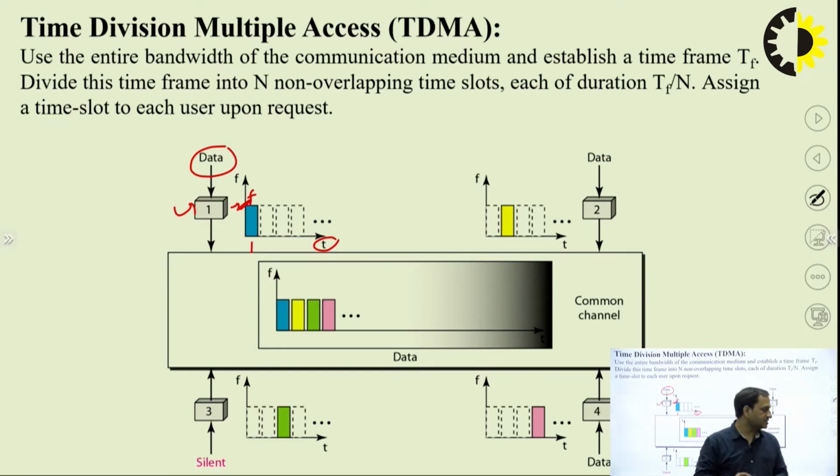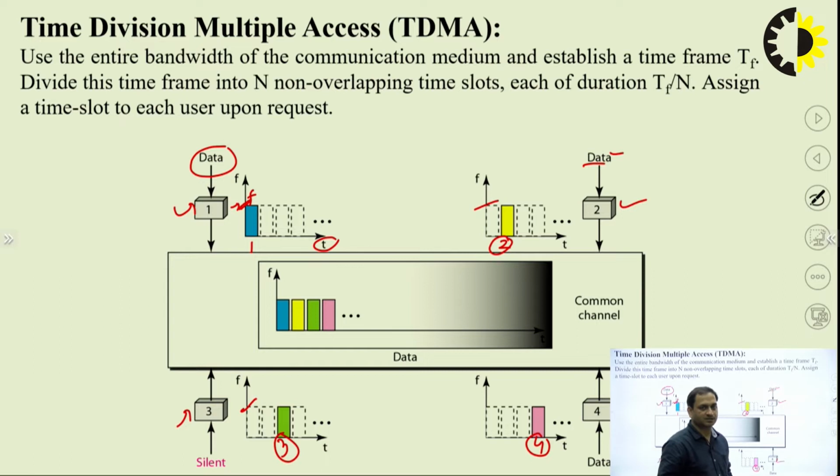Now in the second case, when the second user wants to send data, this data will be modulated by the same frequency, but the second slot is required for transmission of the signal. In the third case, when user 3 wants to send data, user 3 will modulate the signal by the same frequency and transmit it into slot number 3. In a similar fashion, slot number 4 will be utilized by user number 4.